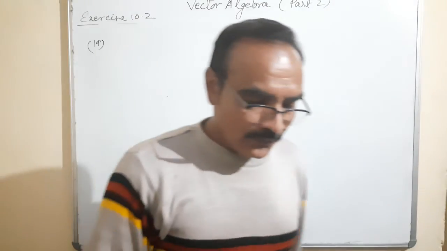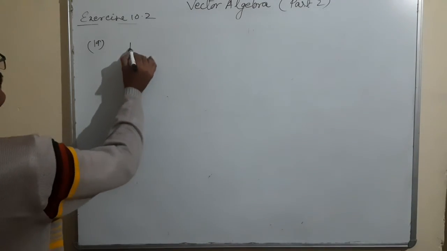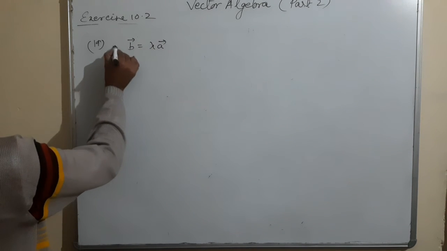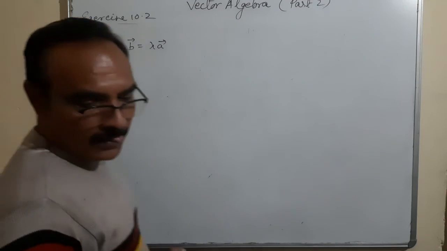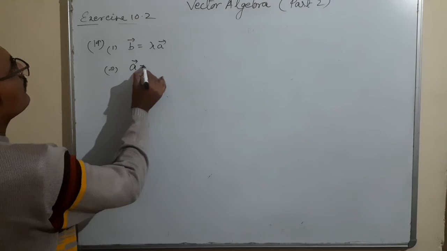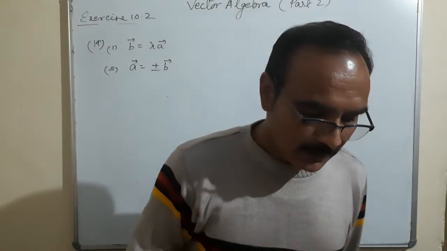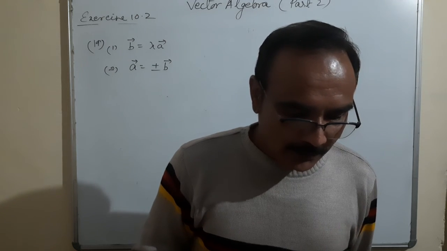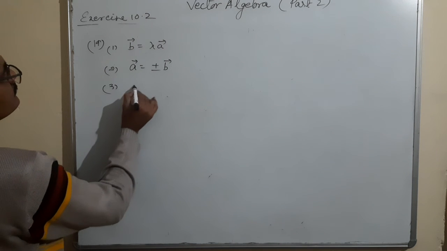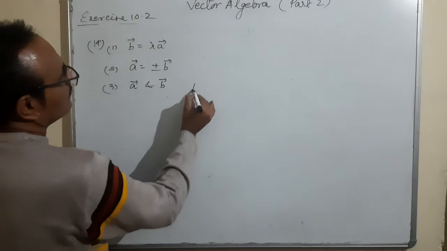Number one, vectors A and B are two collinear vectors, so vector B is equal to lambda vector A. Second, vector A is equal to plus or minus vector B. Third, the components of vector A and vector B are proportional.